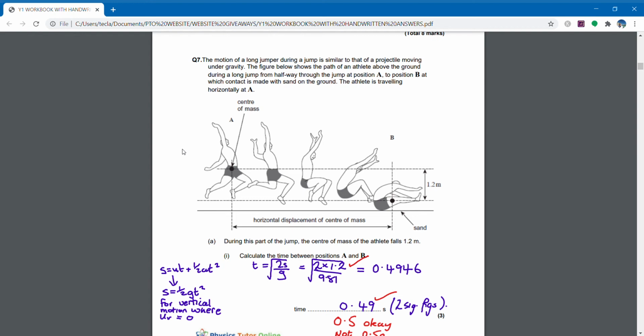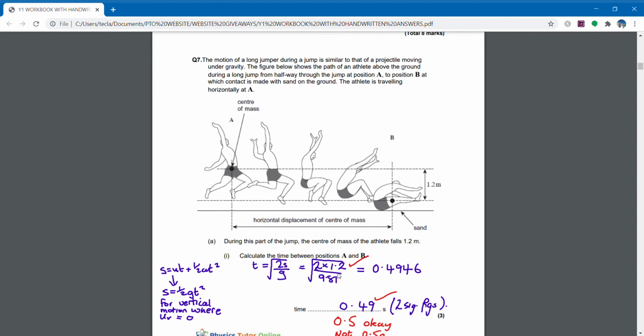So the ut part of S equals ut plus half at squared equals 0. So the equation then becomes S equals half at squared. A is g, which is the acceleration of free fall. So the equation becomes S equals half gt squared. And then rearranging that to get time, we get t equals the square root of 2s over g.